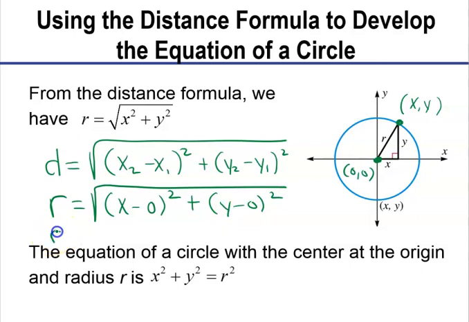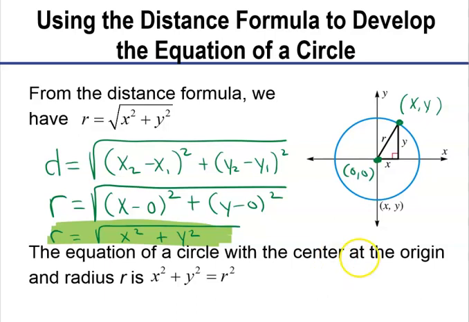So that's going to give me r is equal to the square root of x minus 0, which we know is x, and then I still have to square it, plus y minus 0, which is y, I still have to square it. And then you might go, oh, okay. I hope you do anyway. That's where they get that formula from. I don't think it's just so clearly obvious that it's right there, but maybe it is. I hope it is for you, but just in case it's not, that was the detailed explanation.